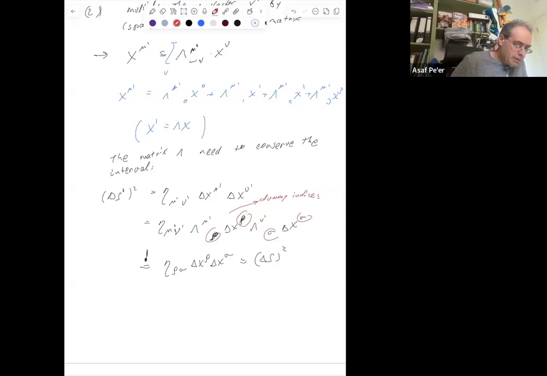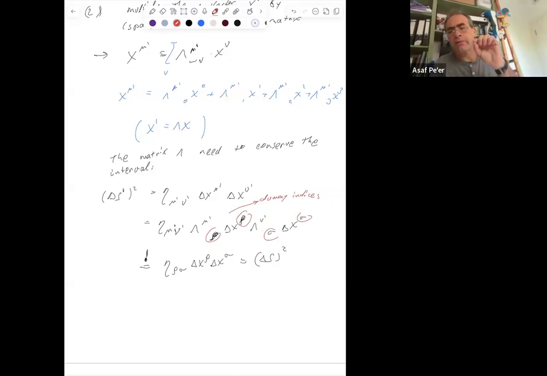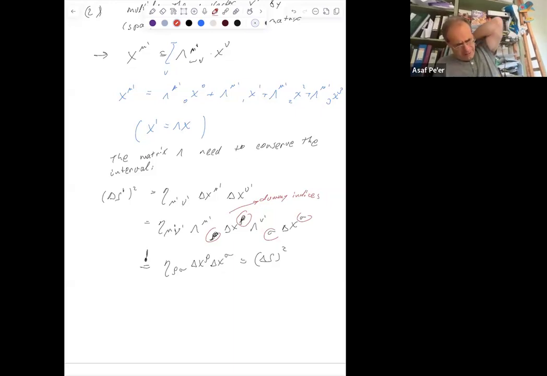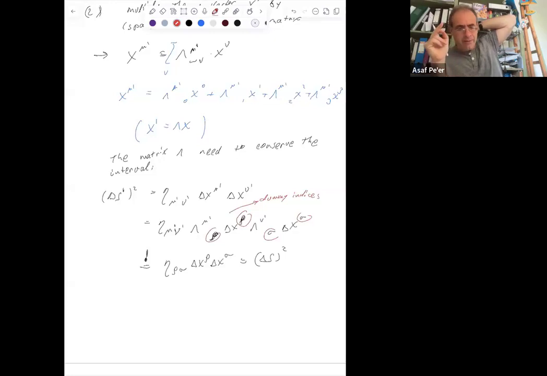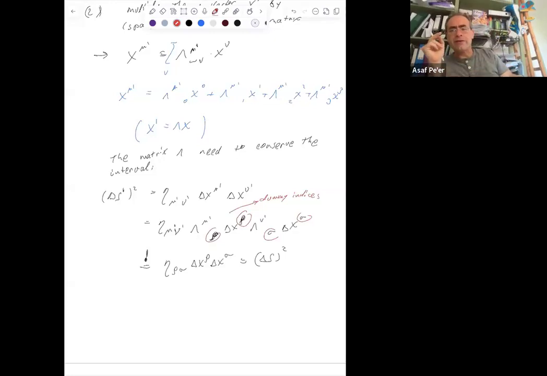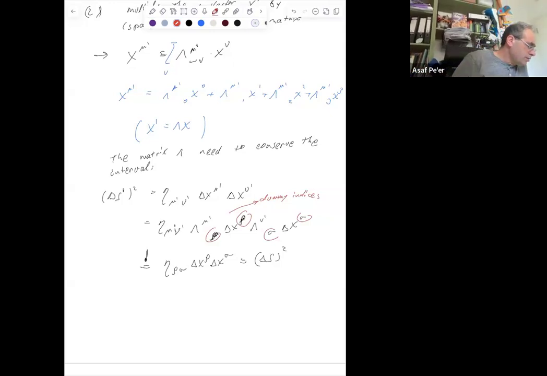Now, note that when we speak about lambda mu prime rho, we're talking about the term in the lambda matrix. So really, we're multiplying term by term, so there's no problem in changing orders.